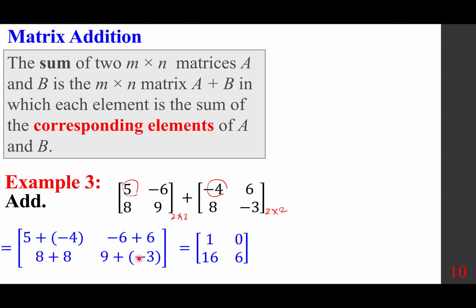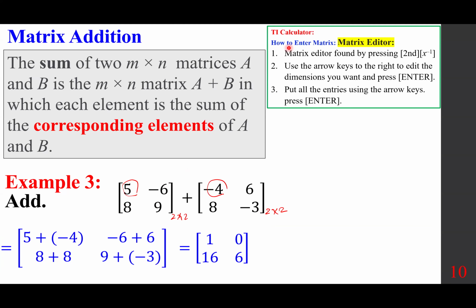Graphing calculators are capable of doing that. So the methodology is to first enter the matrix editor, found by pressing second and x to the power of -1. Use the arrow key to the right to edit the dimension you want. First edit dimension, press enter. Put all the entries using the arrow keys, press enter.